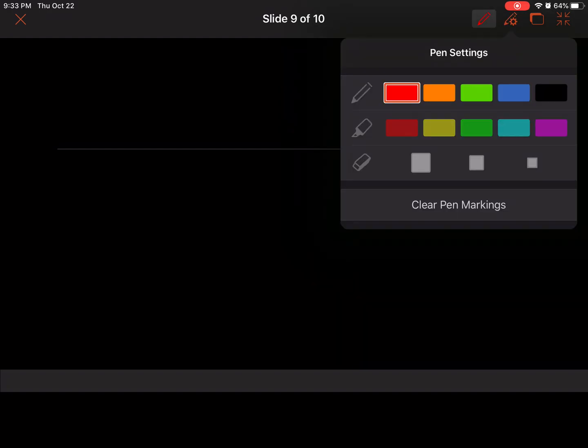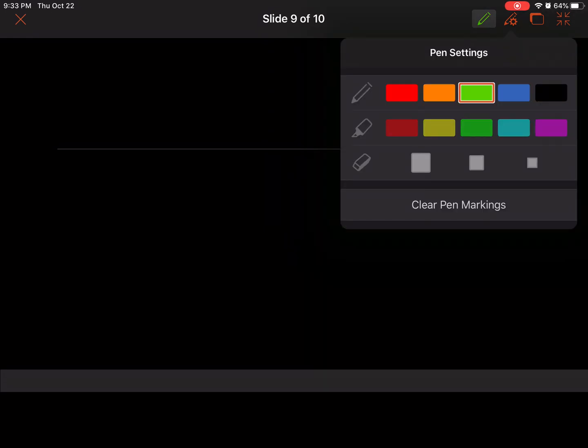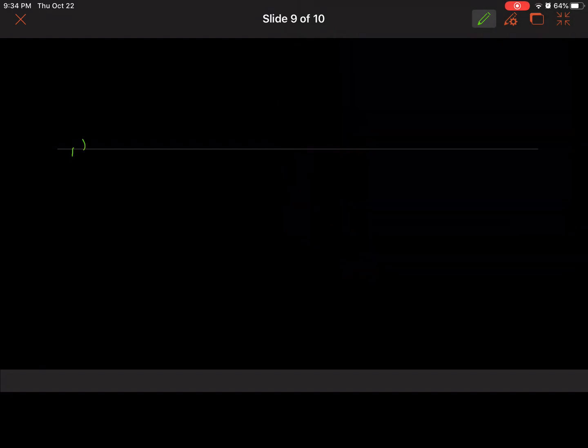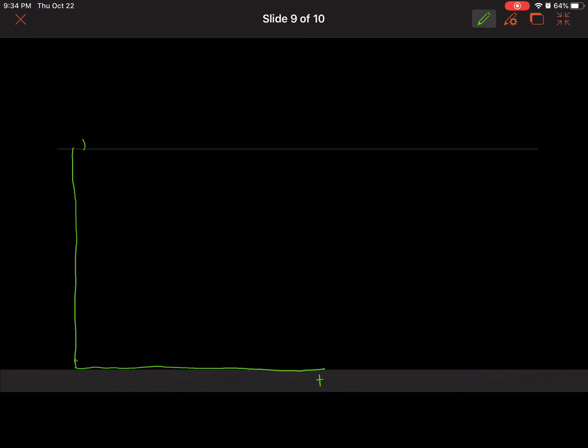Let's do green. All right. So this is my velocity, the y-axis. This is the time. Let me label it neatly. Time, t, in seconds.